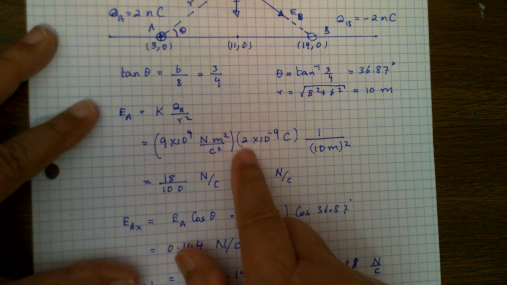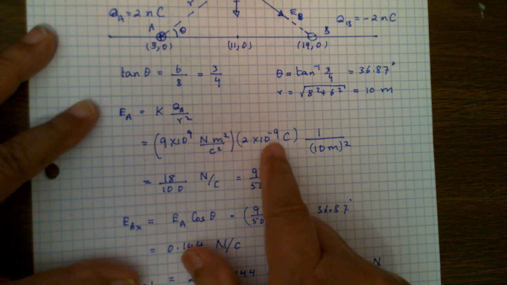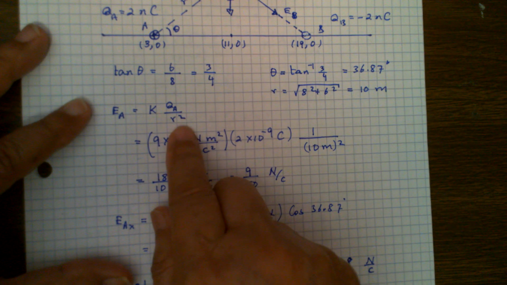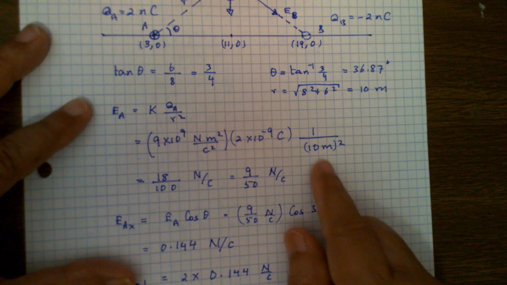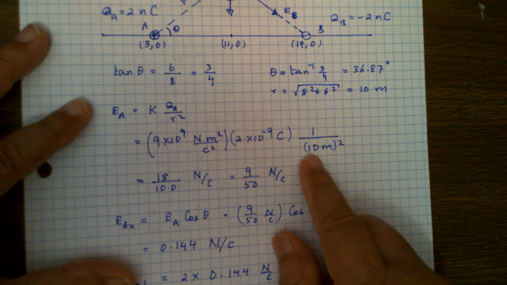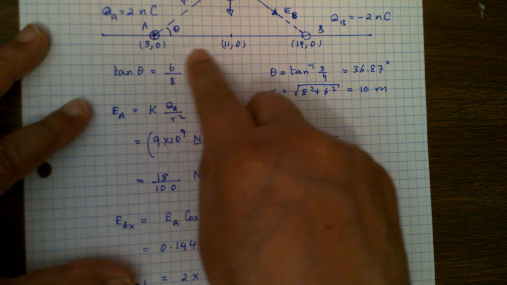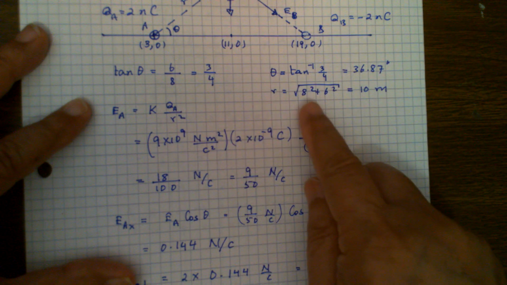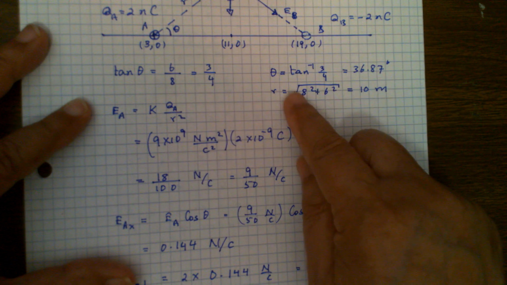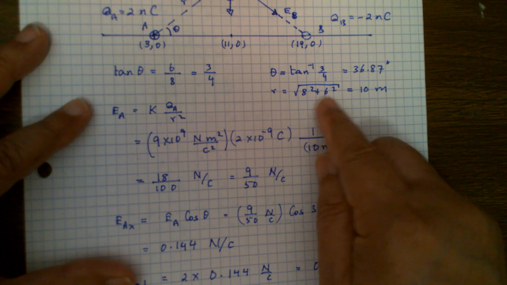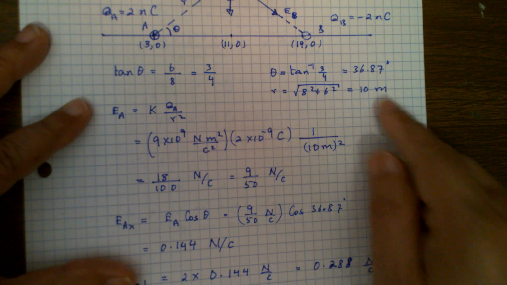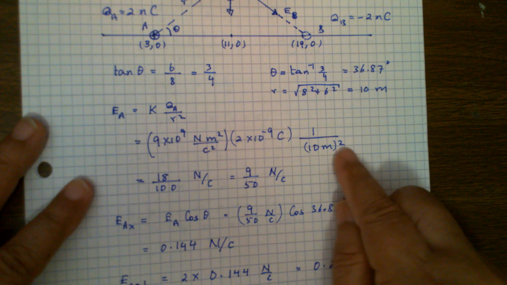QA is 2 times 10 to the power minus 9 coulomb, because that's nanocoulomb. And then R squared is 10 meters squared. How do I get that 10? Because this distance is 10. How do we get that? This is 8, this is 6. So R is the square root of 8 squared plus 6 squared, which is 10 meters. Okay, so 10 meters squared.